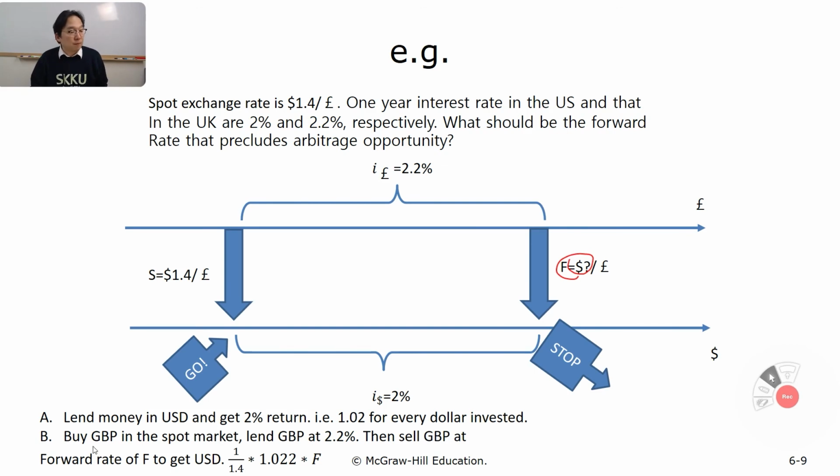And then the second way is to buy British pound in the spot market and lend Great British pound at 2.2%. Then sell Great British pound at the forward rate, the pre-promised rate. We just don't know this pre-promised rate that justifies this relation.